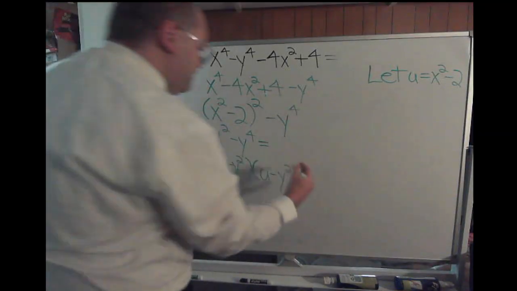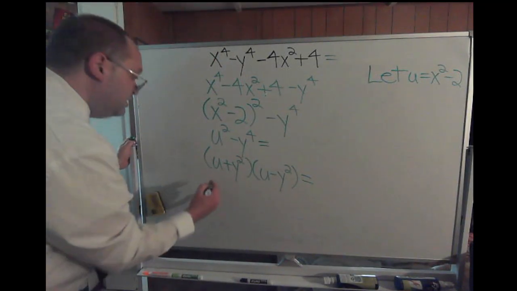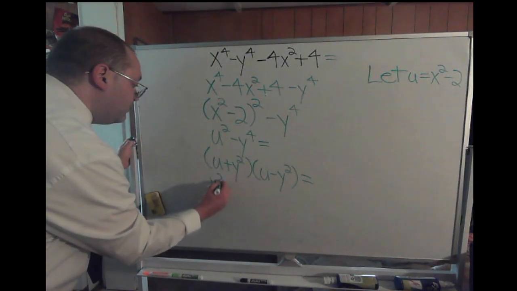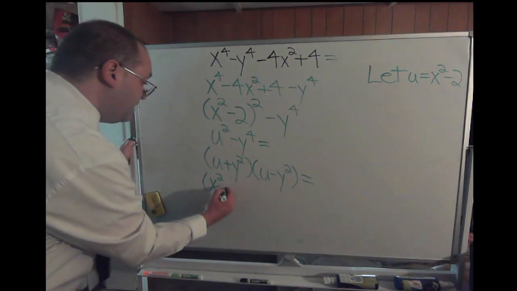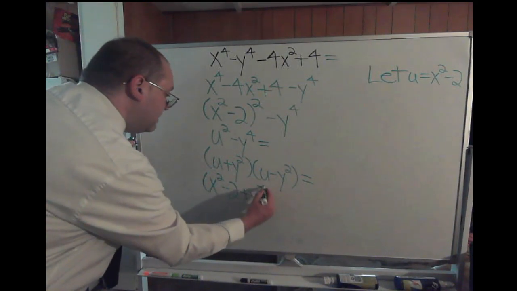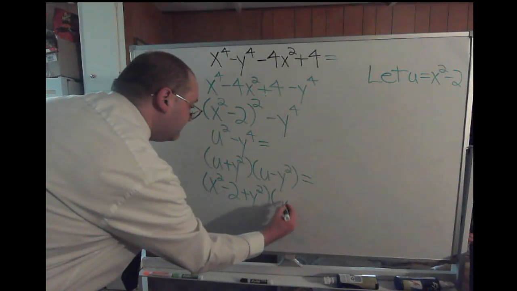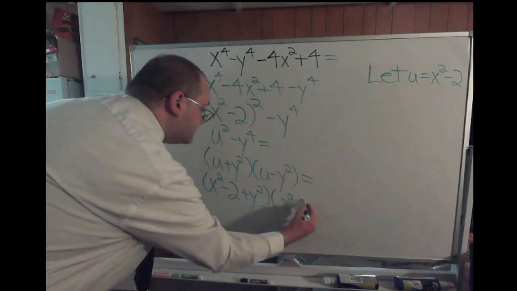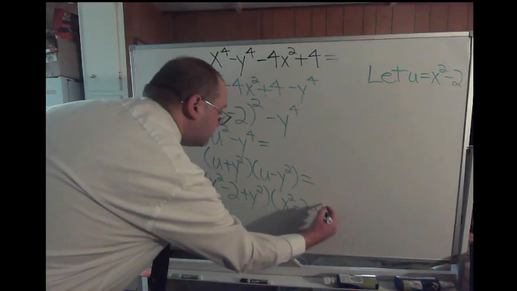So what you're going to have now, put in the value of u, you would get the quantity of x squared minus 2 plus y squared, that quantity times the quantity of x squared minus 2 minus y squared.